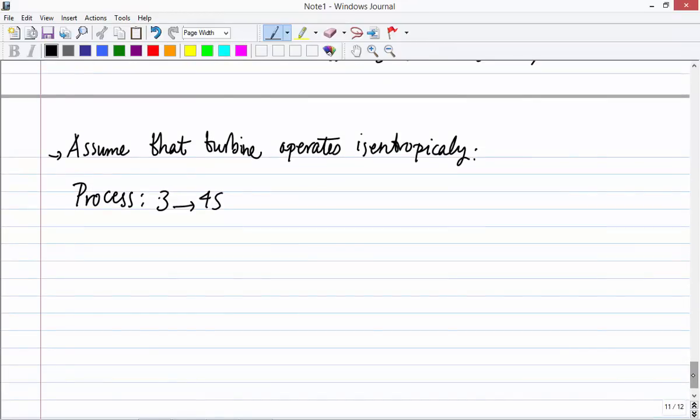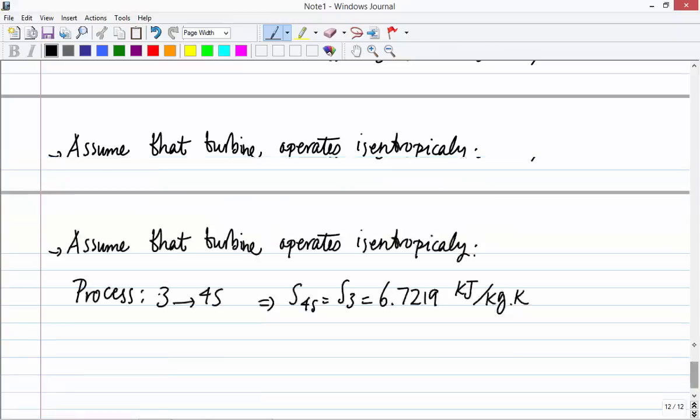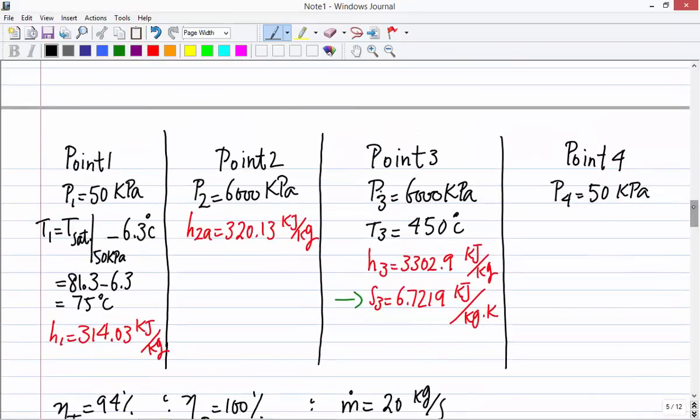So by assuming that the process 3 to 4s was isentropic, it means that s4s is s3, which we know from our summary table. So we have another intensive property.